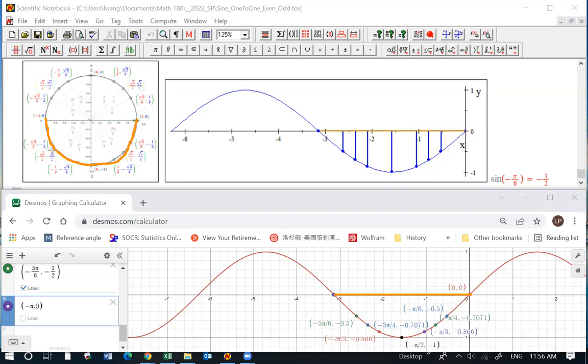And we keep going, and this is gonna be what? If we continue from standard position, keep going to where? Negative 7π/6, right? Because this piece is positive 7π/6, which is measured this way. So this way is negative 7π/6, right?